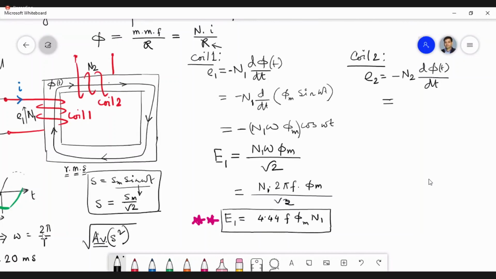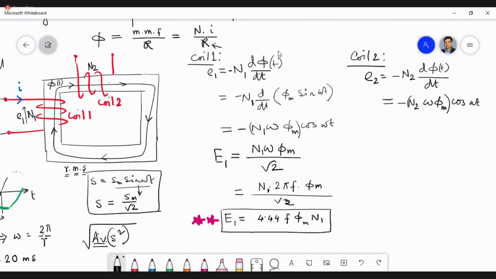Okay, sir. So E2 equals minus N2 dφ/dt, because the same flux is linking coil 2 also. So we'll get the same or similar voltage in coil 2 also.